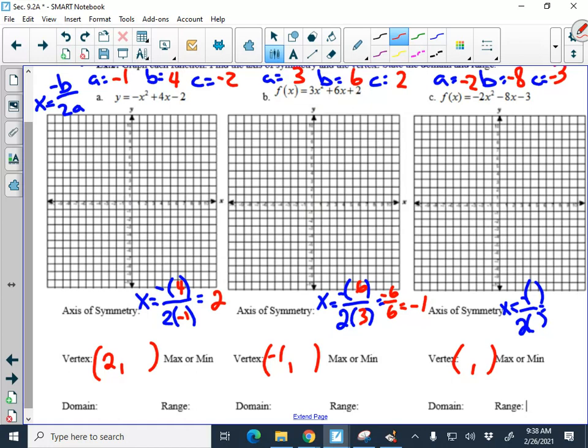Here, this one, -8 over -2. So this becomes positive 8 over negative 4. So all that becomes negative 2. That formula up here, x equals minus b over 2a, gives us the x coordinate.